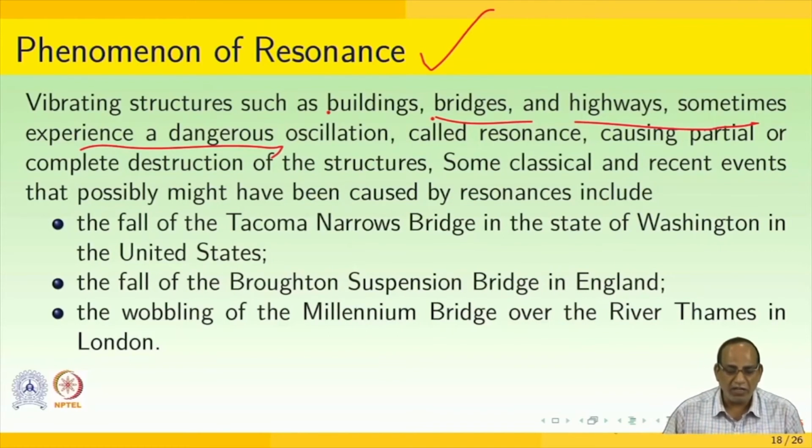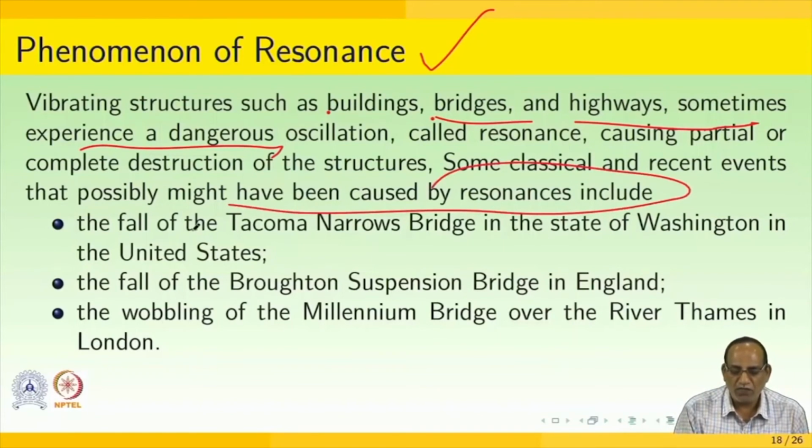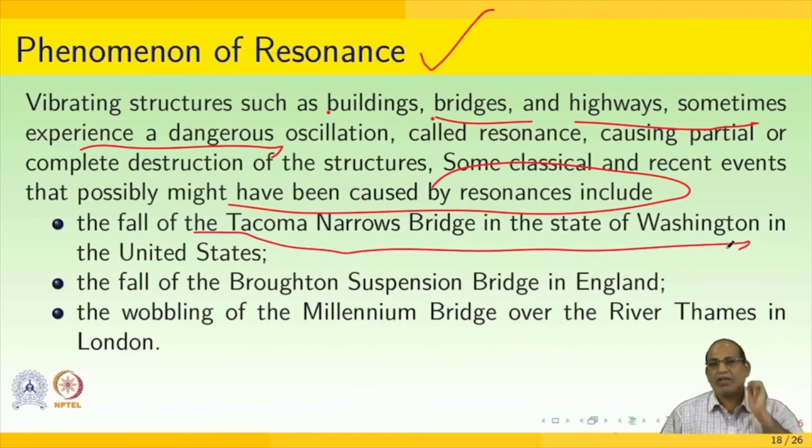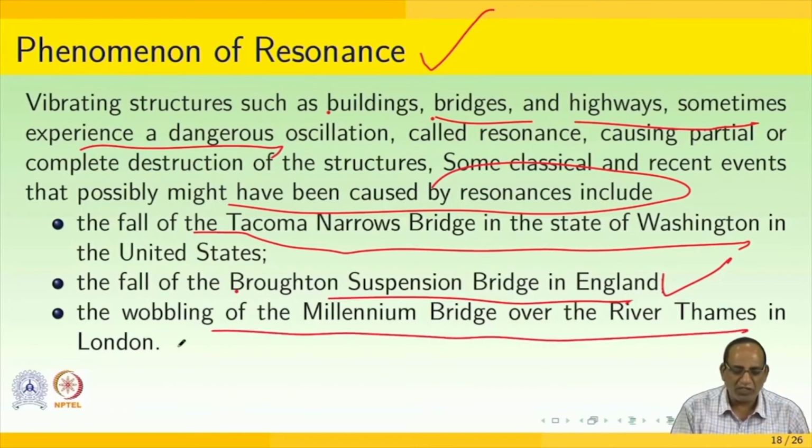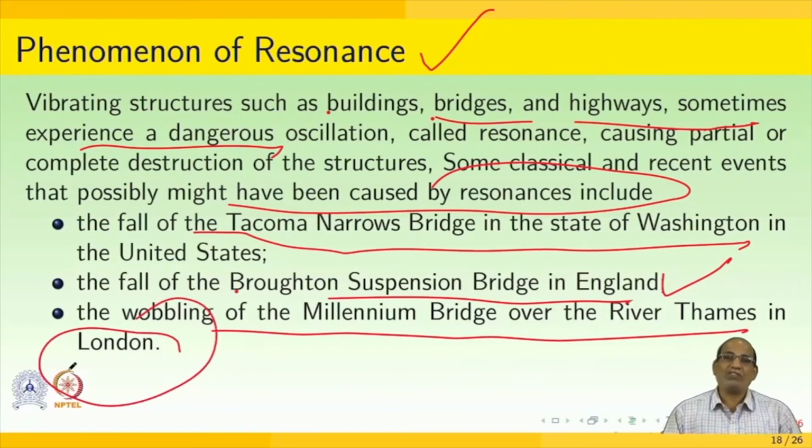Some classical and recent events that possibly might have been caused by resonance include the fall of the Tacoma Narrows Bridge in the state of Washington, as we see from the literature, in the United States. The fall of the Broughton Suspension Bridge in England. Similarly, the opening of the Millennium Bridge over the river Thames in London. Also, we have seen such examples in Gujarat.